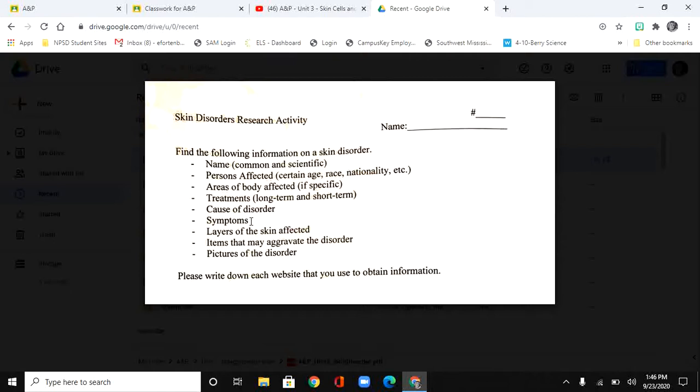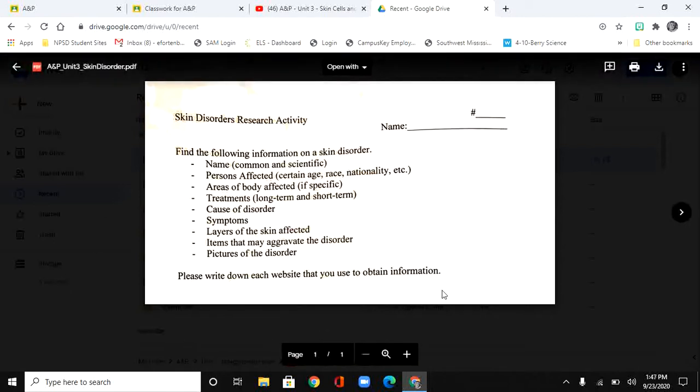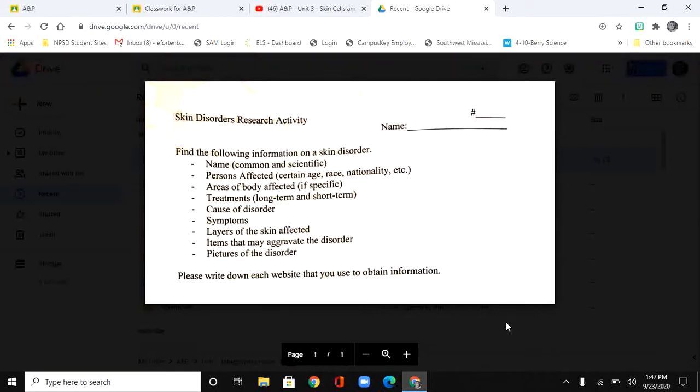If you want to add in pictures throughout the disorder presentation, you can do that. If you find some other information that you would like to know or would like to share with us, you can put that there as well. I do ask that you keep up with every website that you use, copy and paste that, and do a final slide that has all of your work cited. That way I know where you got your information. So this is the research activity as a whole and how you go about completing it.